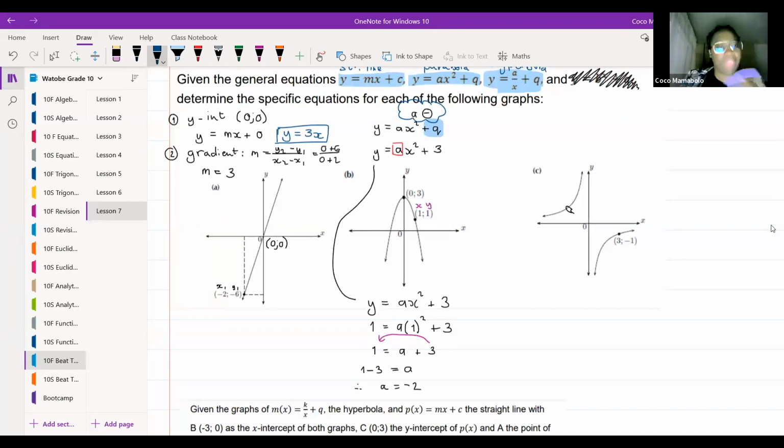So if you end up with a is equal to 3, or a is equal to 2, then you've done something wrong. Our answer must come out as negative. So the equation of this graph would be y is equal to negative 2x squared plus 3. This is the answer we're looking for.